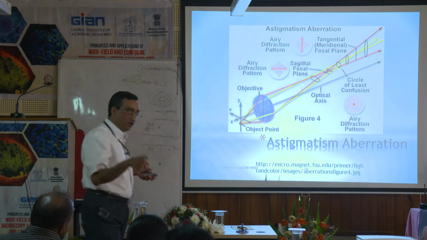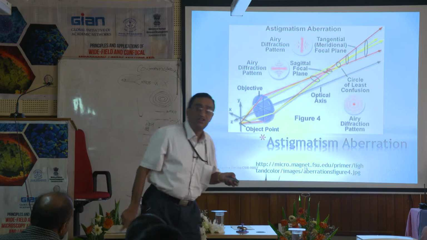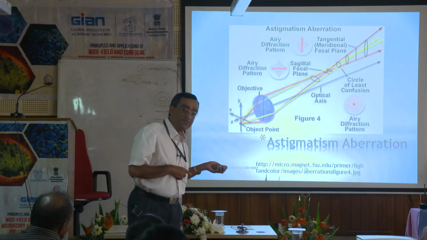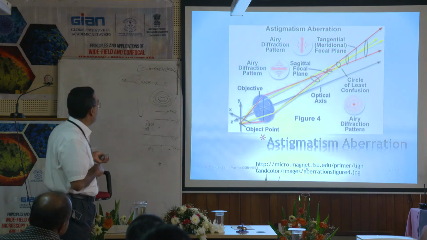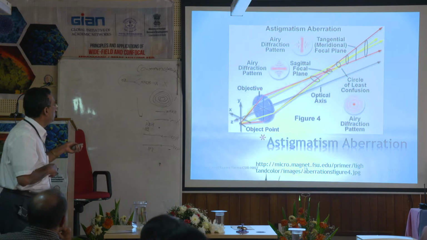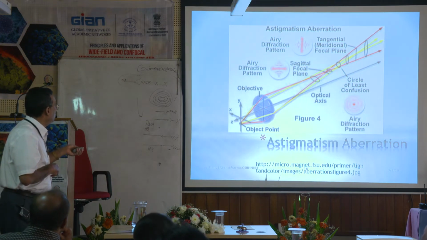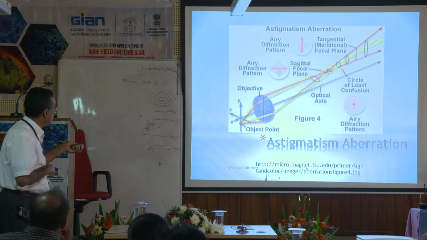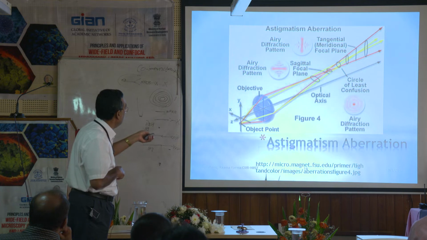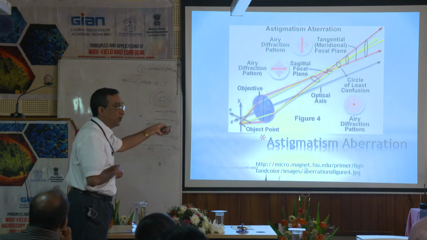And among these classes, one of the important ones is astigmatism. Astigmatism arises because the rays traveling at extreme positions, for example the horizontal ends of these red rays, are focused at one point.